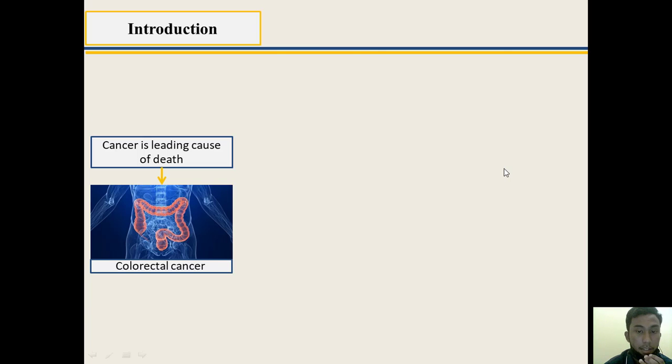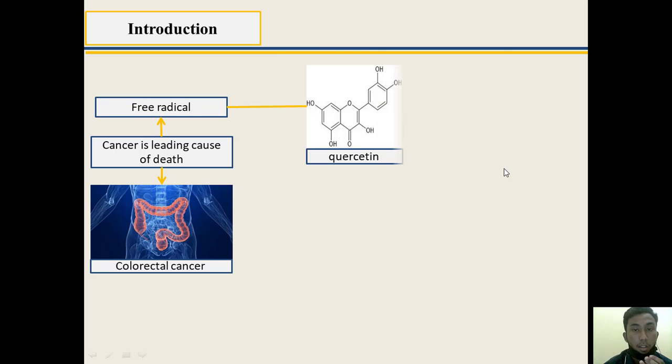Based on global 2020 data, colorectal cancer is the third in the total new cases of all types of cancer. The causes of colorectal cancer in general are unhealthy diet, aging, physical inactivity, high alcohol consumption, and free radicals.